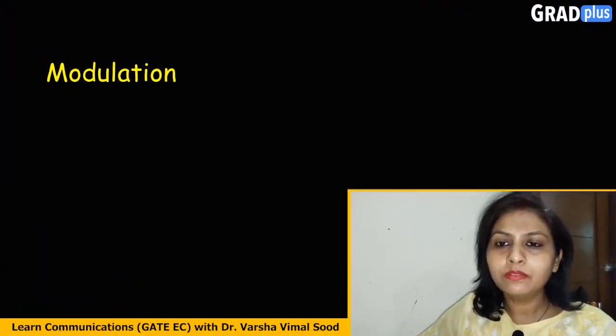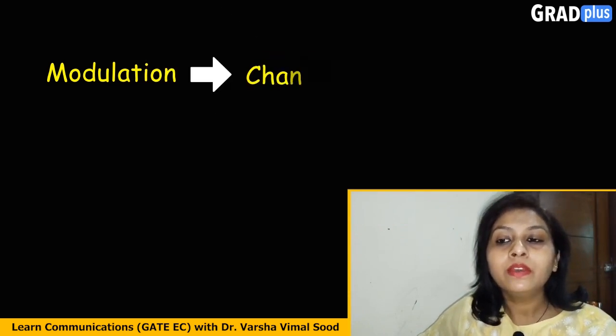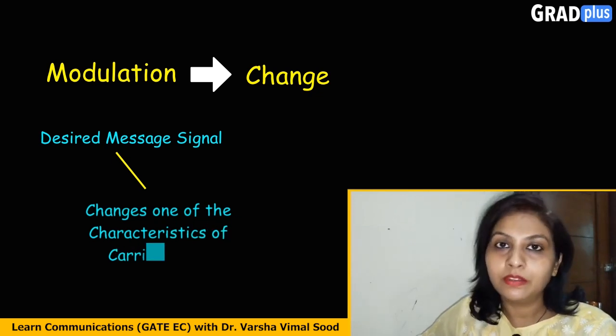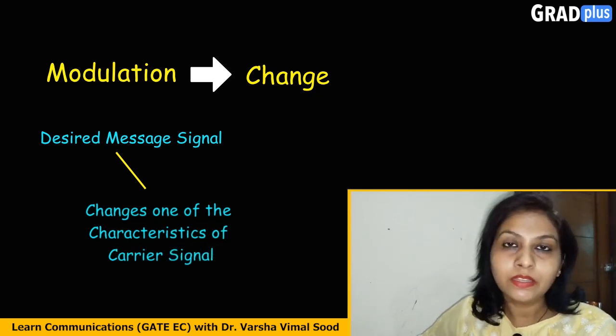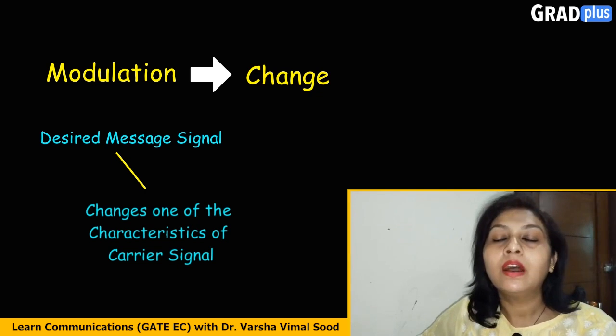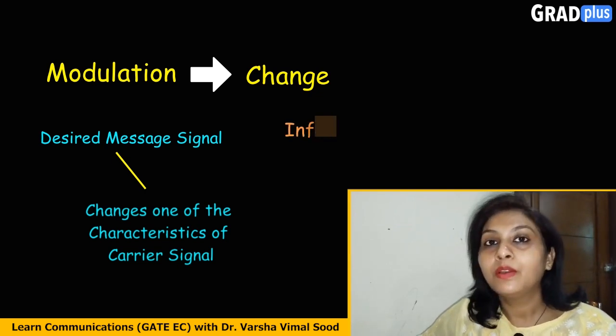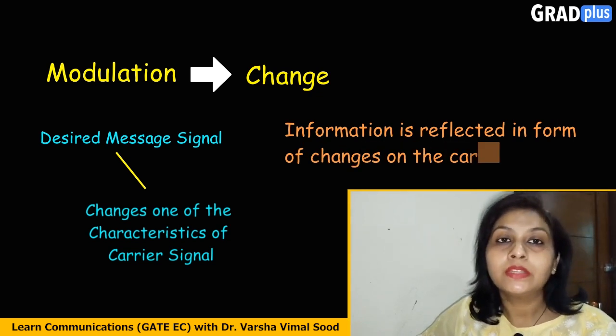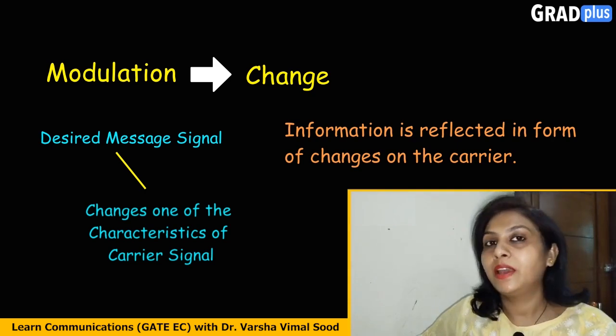So modulation, the very general term, means change. Here the desired message is changing the characteristic of another signal known as a carrier signal, and these changes are nothing but the reflection of the information. The information is reflected in the changes done upon the carrier.